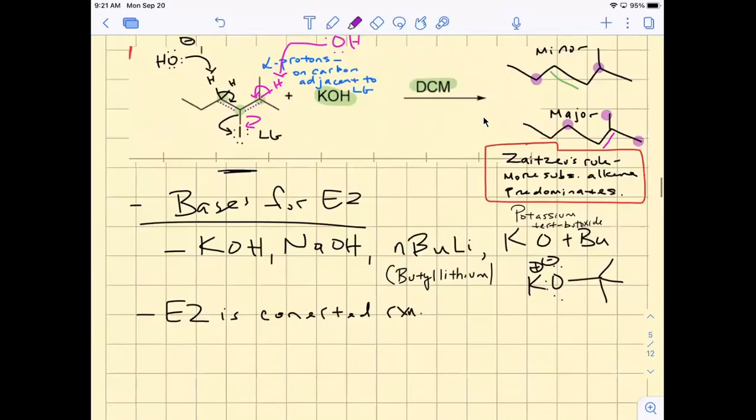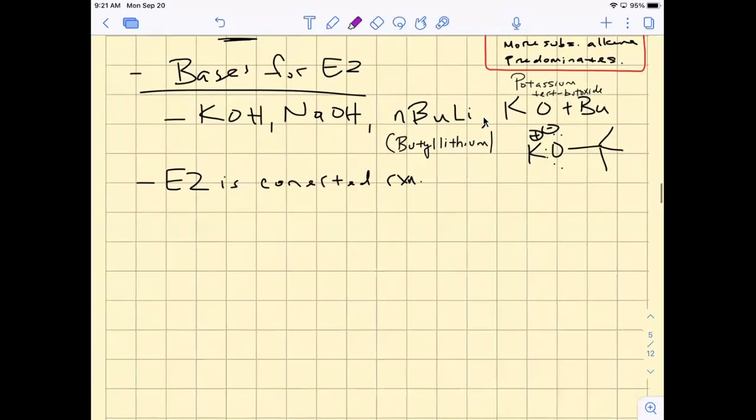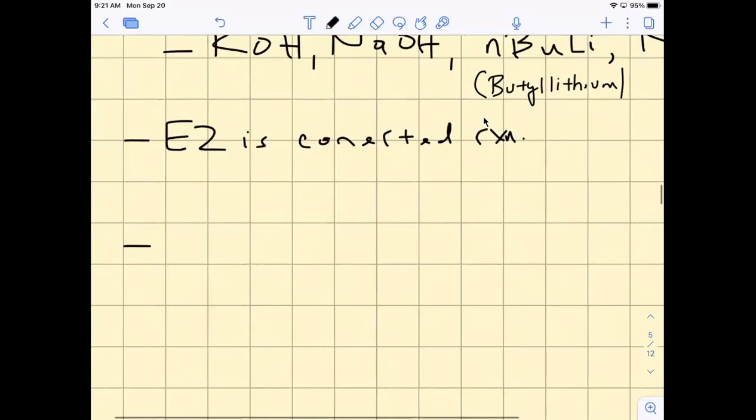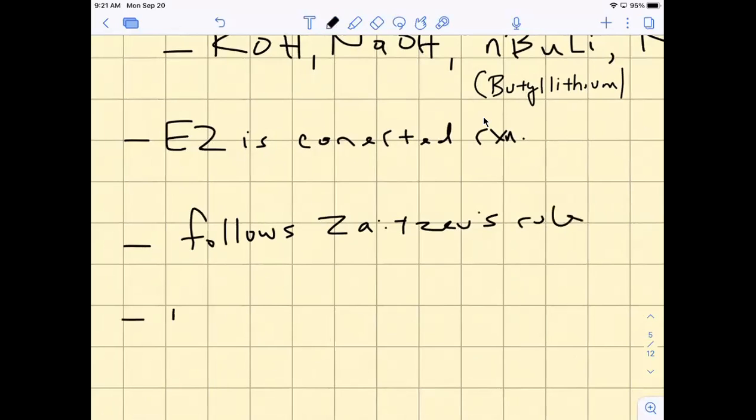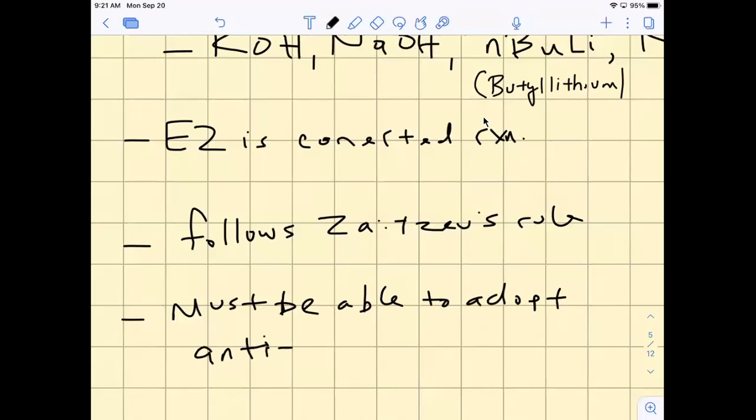Another thing about the E2 is the geometry. There's a necessary geometry for elimination to happen. And I'm going to show you that. The geometry that's required is what we call antiperiplanar.